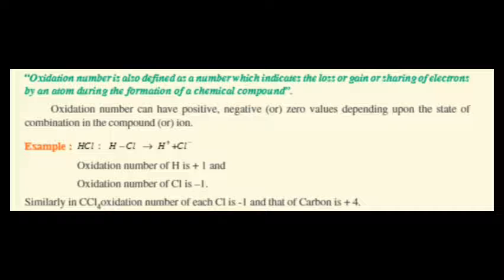Example, hydrochloric acid, HCl, H⁺ Cl⁻: the oxidation number of hydrogen is +1 and of chlorine is −1. Similarly, in carbon tetrachloride, CCl4, the oxidation number of each Cl is −1 and that of carbon is +4.